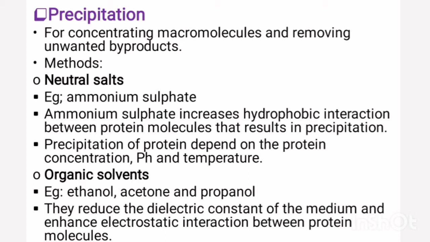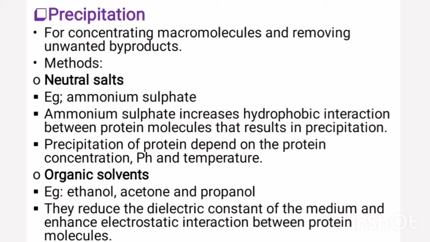First one, precipitation with the neutral salt. The most commonly used salt is ammonium sulfate. Ammonium sulfate increases the hydrophobic interaction between the protein molecules that causes the precipitation. And this type of precipitation depends upon certain factors like protein concentration, pH, and temperature.